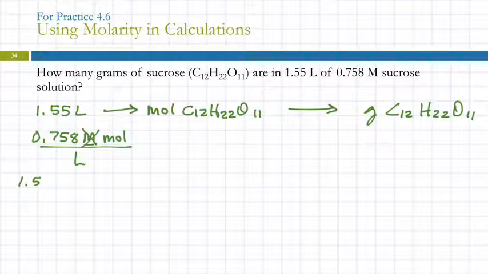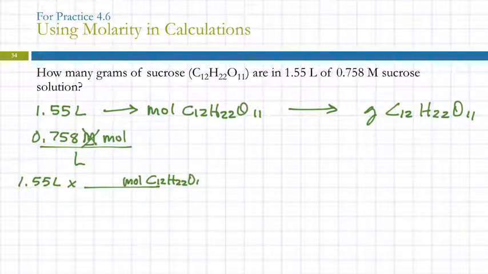So I have 1.55 liters, and I'm going to go to moles. I'll be dividing by liters. And then from there I want to go to grams.